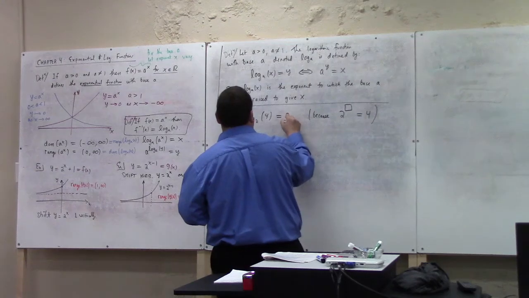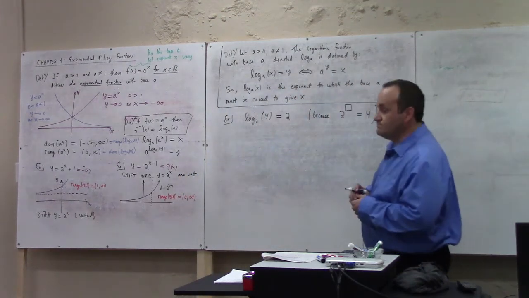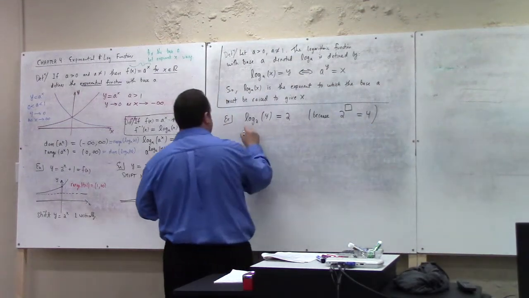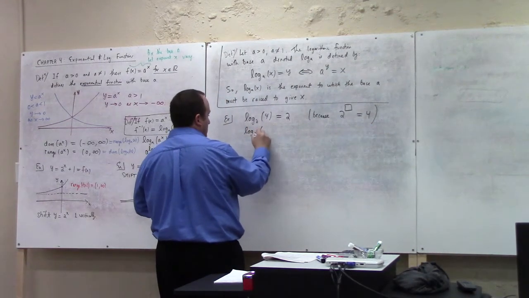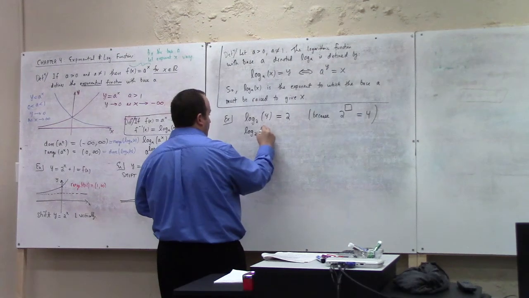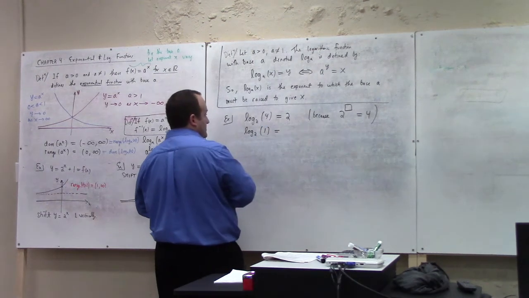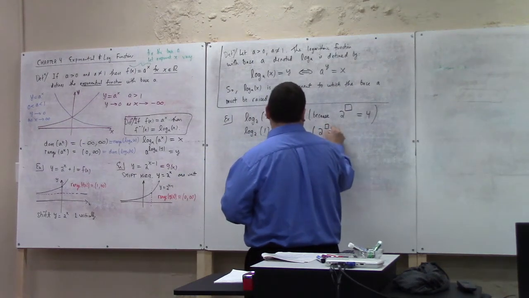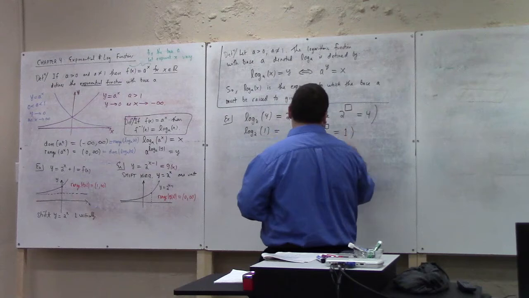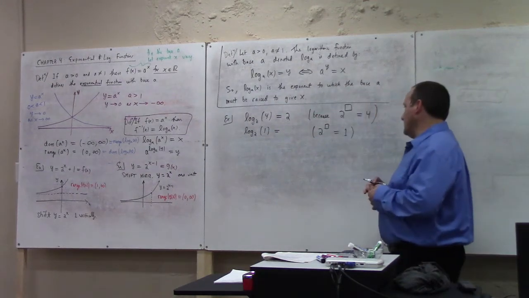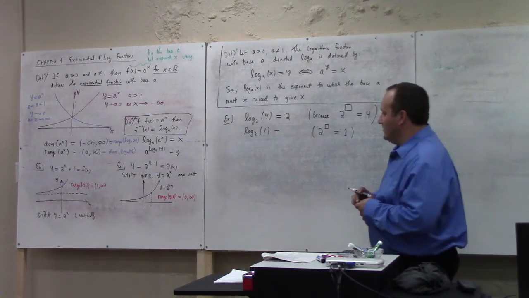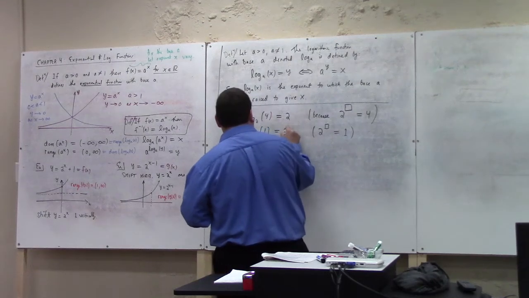So log base 2 of 4 is 2. How about log base 2 of 1? 2 to the what equals 1? What do you have to put in that box to get a 1? 0, right? So log base 2 of 1 is 0.